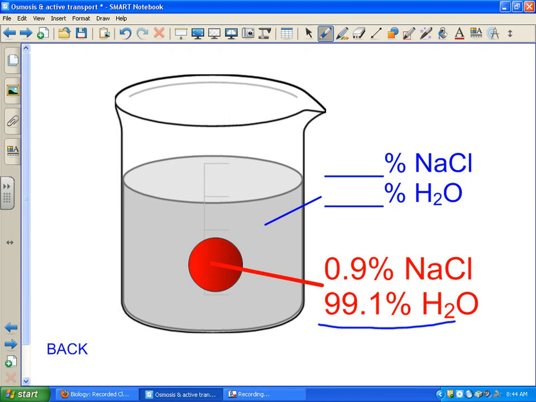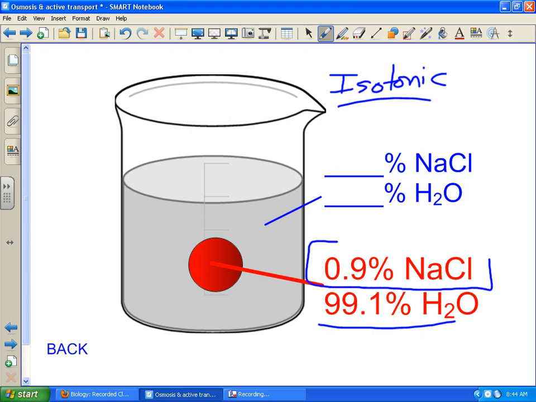On the outside of the beaker, if this is indeed isotonic, iso was equal, what percent of salt would I need to have outside the cell? Well, this one's pretty easy. It has to be the same.